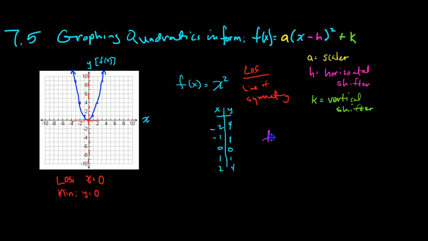Okay, let's try a new one, we'll call this one g of x. Let's try a g of x where g of x is 2 times x squared, so it's twice x squared. What do you think that's going to do to our graph? Well, for those same values of x, let's go ahead and do -2, -1, 0, 1, and 2, because we know that once we reach our minimum value, it's going to mirror up.